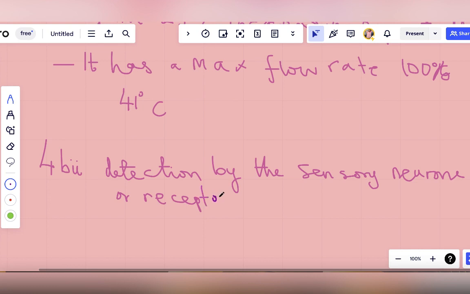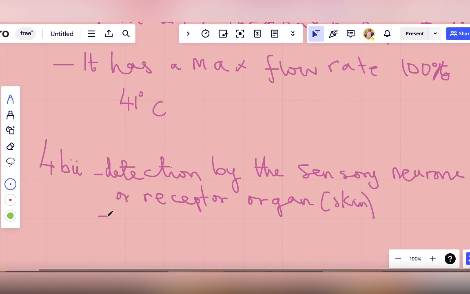The flow of blood is detected by the receptor organs, for example the skin, the human skin. So that's the first point.